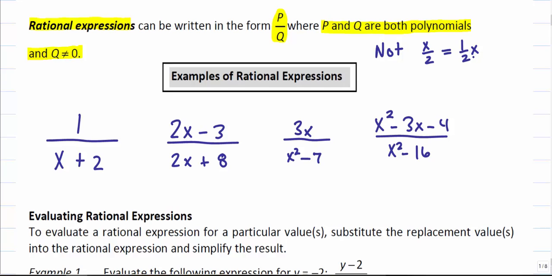And so 1/2 x is not a rational expression because 1/2 x is just a term with a coefficient of 1/2 and a degree of 1. That's bringing back some stuff, isn't it? So that's not rational. It's actually called linear. That's something you'll learn later on. So that's what a rational expression is.